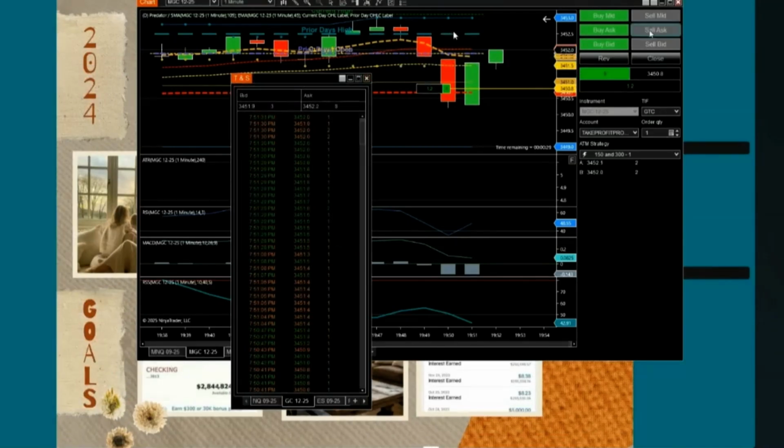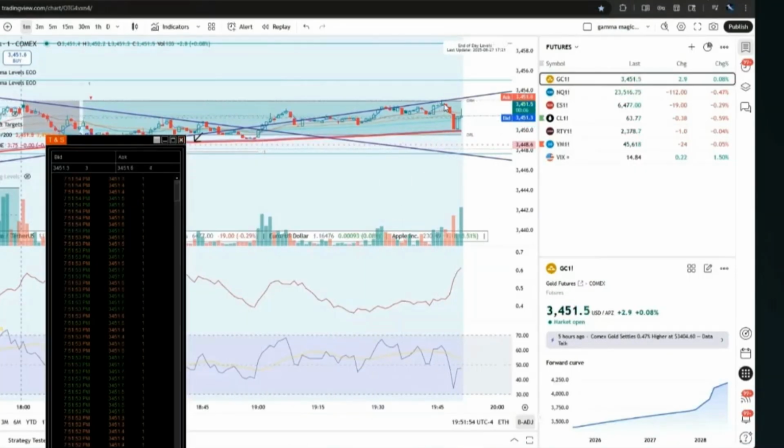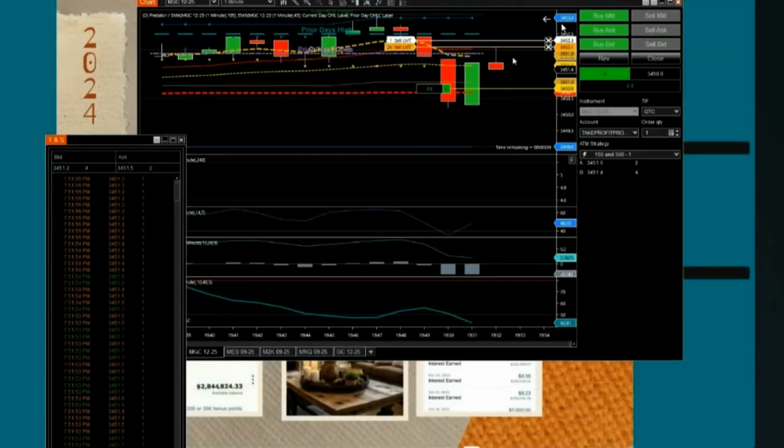And here we go, breaking that, and I'll take some more off here at these levels. Prior day's high coming up here. See if we can break that. And then I'd want to take it all off at the daily high here at that 3,453 level.